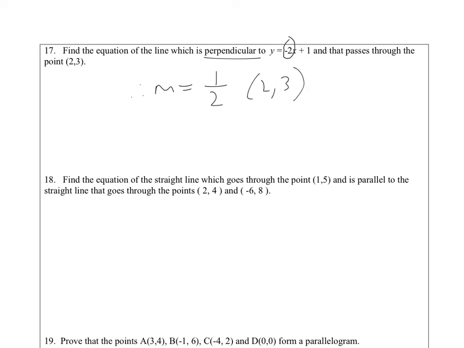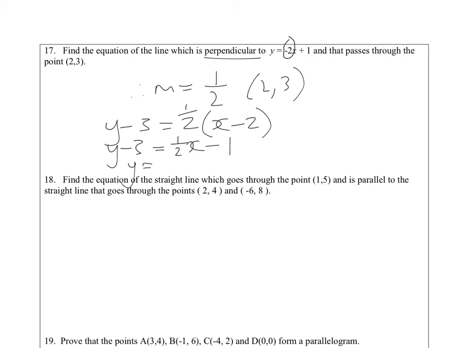So point gradient formula, y minus y1 equals m times x minus x1, sorry, half the gradient is. So expand the brackets, we get a half x, take away 1, add 3 to both sides, half x plus 2.